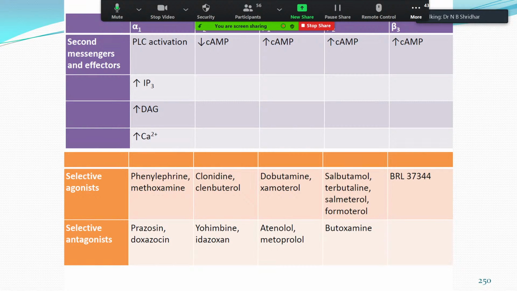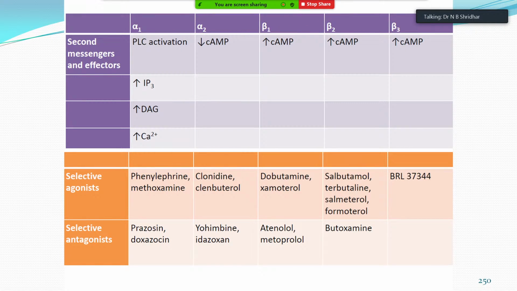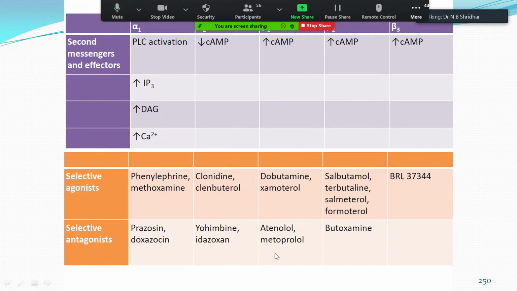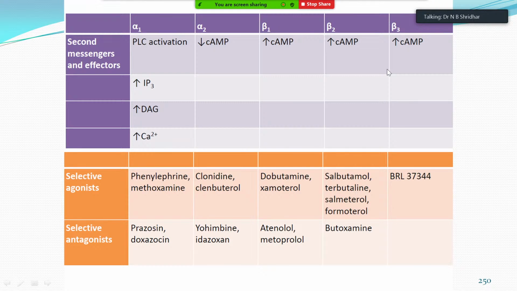Whereas for alpha 2, it is the decrease in the activity of cyclic AMP. The beta 1 type of the receptors are associated with the second messenger as increase in cyclic AMP activity. All these three, beta 1, beta 2, beta 3, are associated with increased cyclic AMP activity.